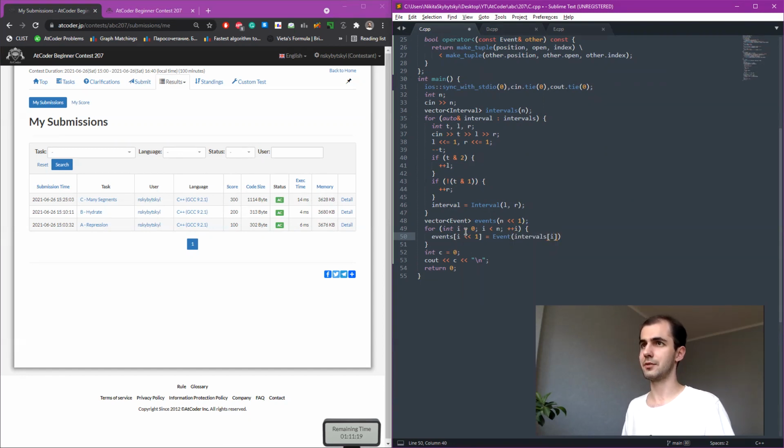Probably you want the left position, and you say, okay, what is its index? It's i. And is it opening? Yes, it is opening. And here you want to say the same thing, except it's closing, and also it's 2i plus 1. And that's just a fancy way of writing 2 times i plus 1.